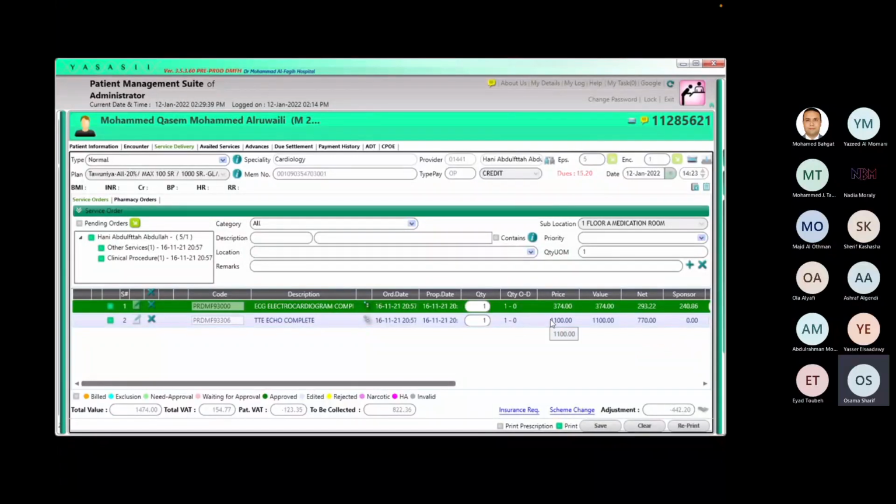This is completely the hospital price, and he's going to pay it completely by himself. Remember when we were browsing through the insurance details, there was a 30% discount. So it's 1100, and after the 30% discount, it comes down to 770 for the patient. So there is a benefit that the patient is taking from the price list. Now we have these two services. All I have to do is click on the save button to build this service.